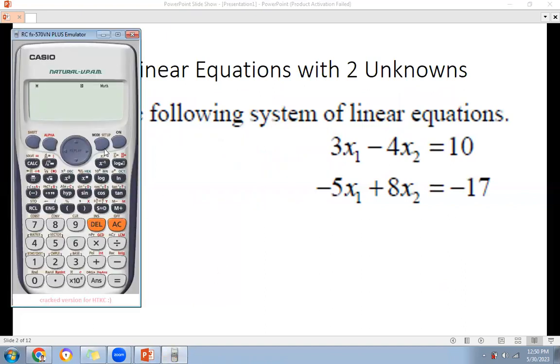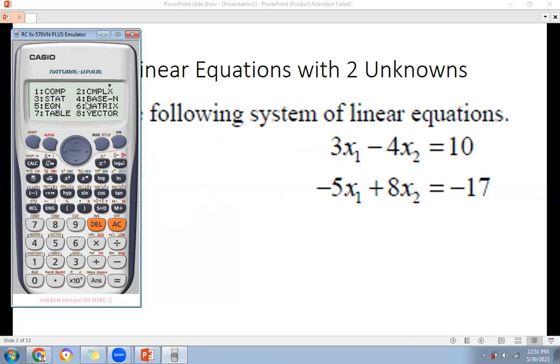For us to solve that, we go to the mode, and here in the mode, you can see we have at least 8 options, and also inequalities, ratio, and distribution.